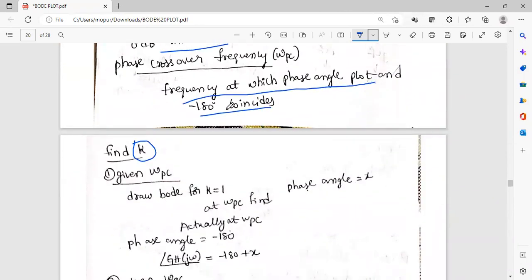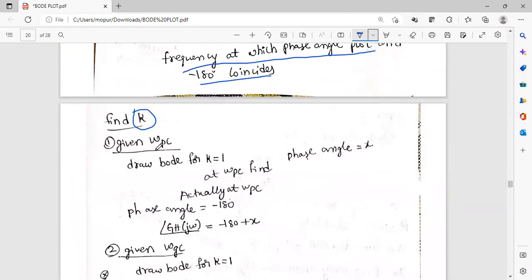First step, for anything, assume k equals 1 and draw the Bode plot. Now, what is phase crossover frequency? At phase crossover frequency, the minus 180 degree line and the phase angle plot coincide.